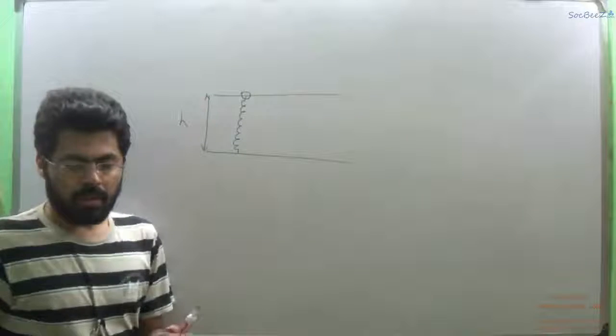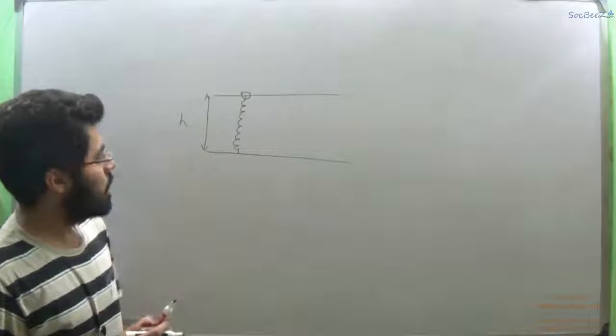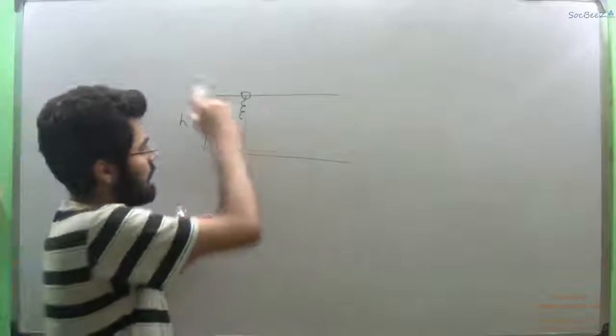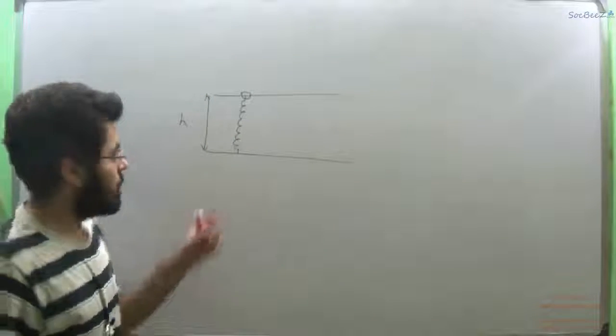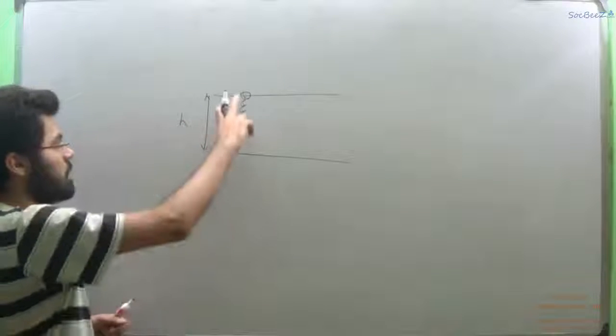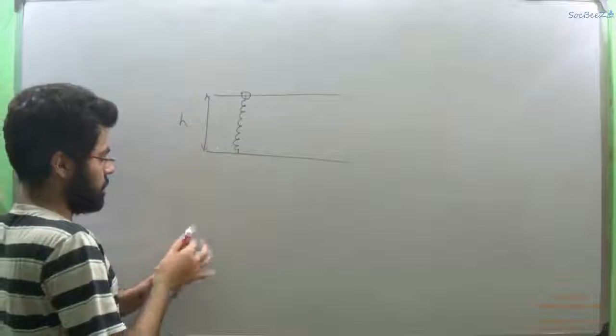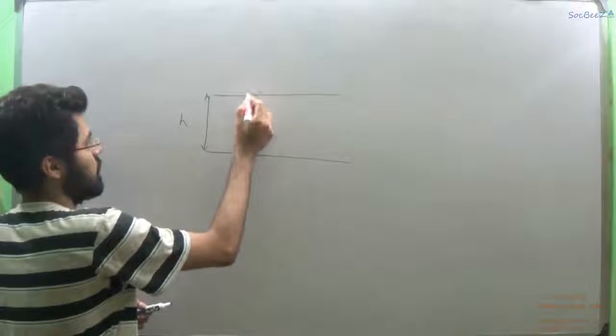Now, in this problem, there are two beams separated by a height. There is a spring in between, and at the top of the spring, there is a ring attached.